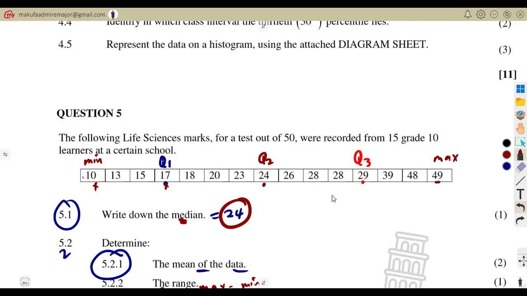This is what builds up our 5-number summary, which gives us the box and whisker plot.